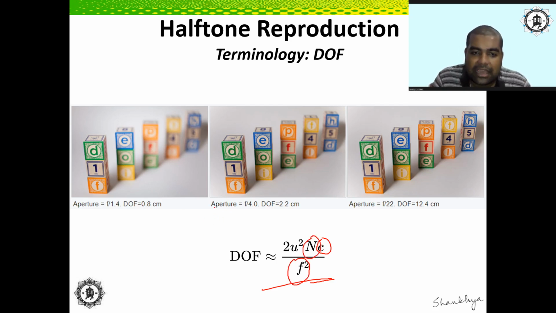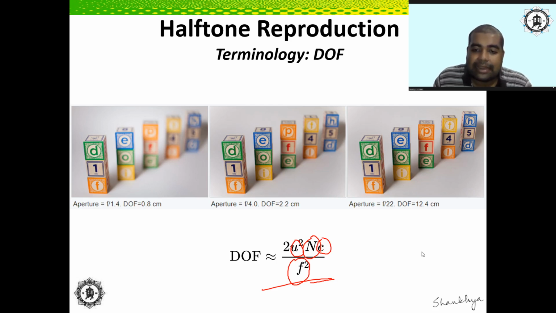N is your f number, and distance to the subject from your lens or the camera is represented as U. As the size of the acceptable circle of confusion increases, the depth of field increases, because as you can see, circle of confusion is directly proportional to depth of field. So when the circle of confusion increases, depth of field increases.